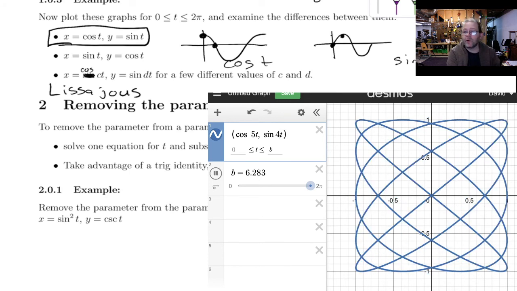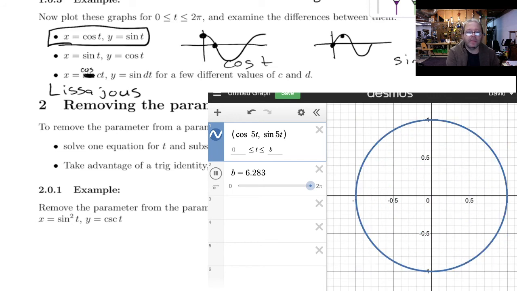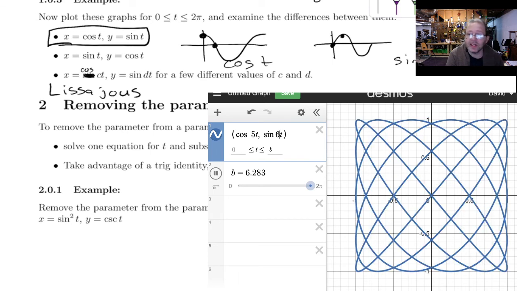If I change it to 4, we'll get 4. If I change it to 5, now we're just back to a circle because it's not really the 2 numbers that matter, it's their ratio. If I change it to 6, then we'll get 6 little peaks across here, 1, 2, 3, 4, 5, 6. And then again down the side we've got 1, 2, 3, 4, 5.